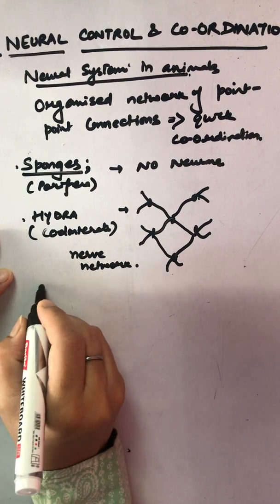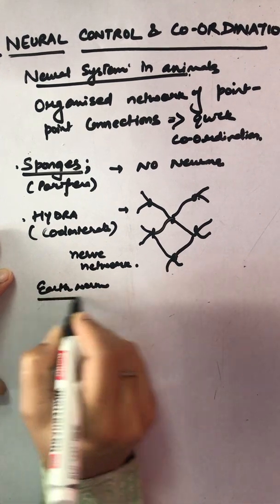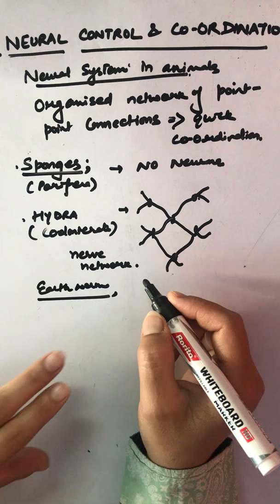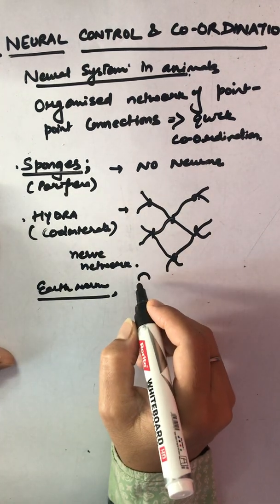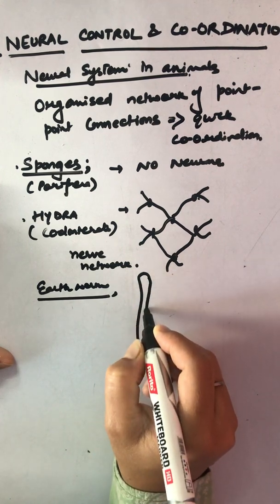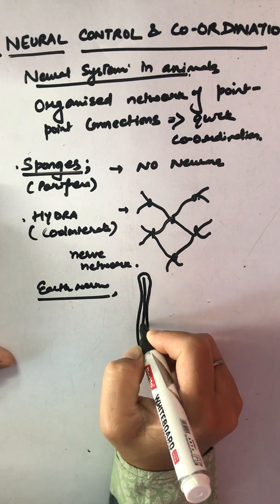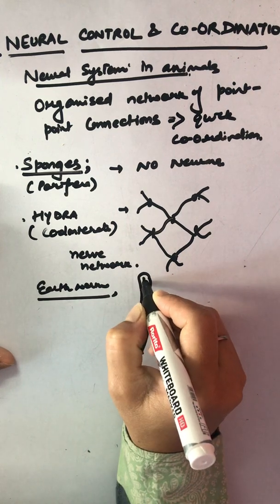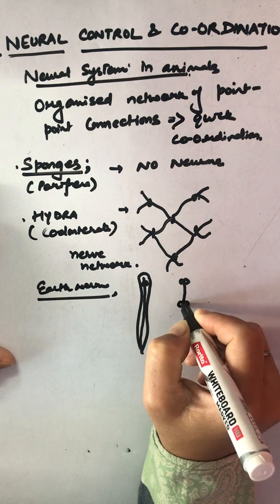Then we talk about earthworm. In earthworm, the nervous system consists of a single ventral nerve cord and paired ganglia. If this is the body of the earthworm, then there is a ventral nerve cord and paired ganglia, two lobular structures.